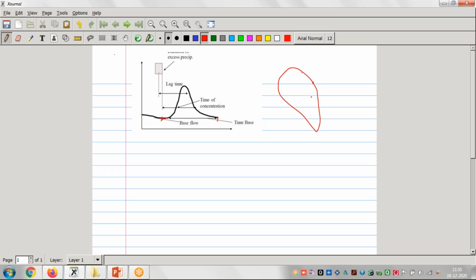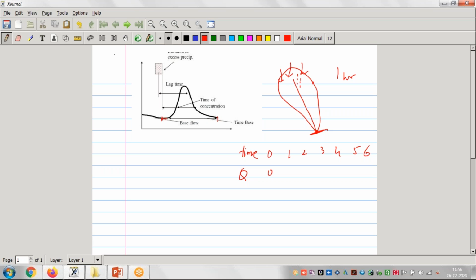This is our catchment. Discharge has started, and we are collecting at this point. This is the time, and this is the Q. At time 0, discharge was 0, then after 1 hour, 2 hour, 3 hour, 4 hour, 5 hour, 6 hour, likewise. Suppose the rainfall occurred for 1 hour. Whatever rainfall has occurred, this discharge will be collected.